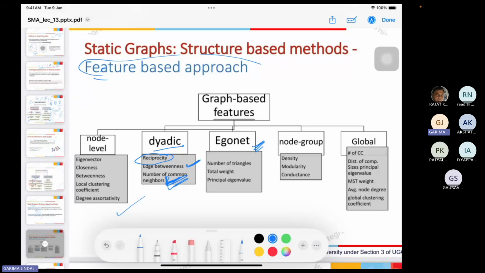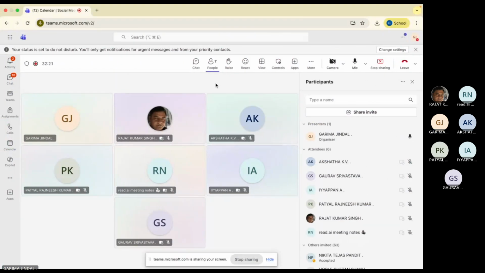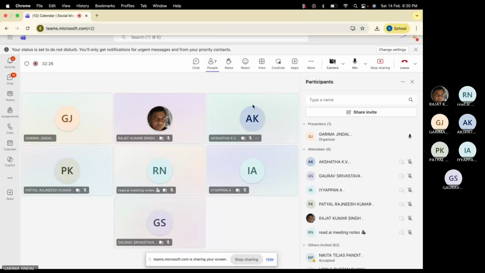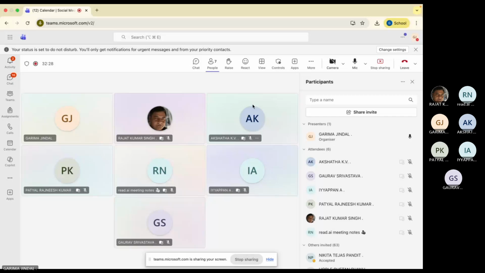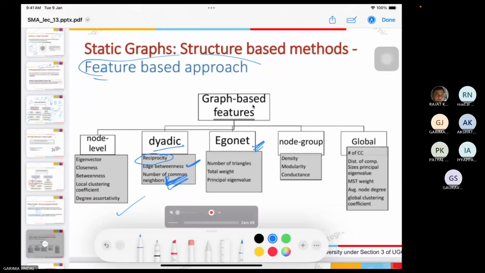Does anyone remember what EgoNet is? The definition of an ego network is that we have one node and we consider a one hop distance from that node.